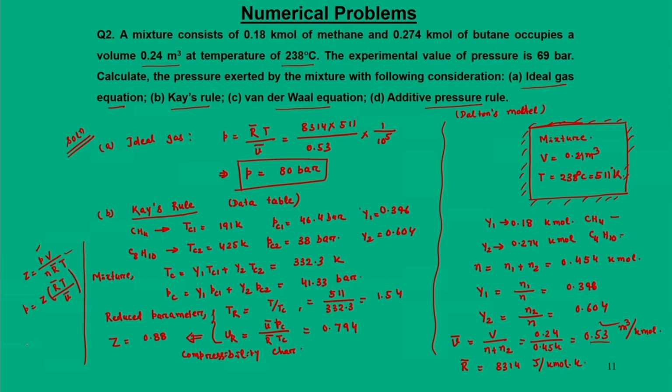By inserting the values, P is equal to 0.88 into 8314 into 511 divided by 0.53 into 10 to the power 5, because we are converting to bar. This calculation gives P is equal to 70.4 bar. So, Kay's rule gives P is equal to 70.4 bar.